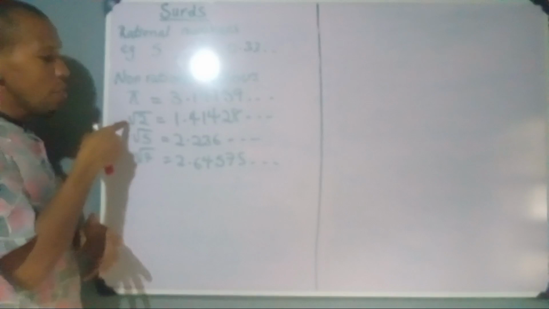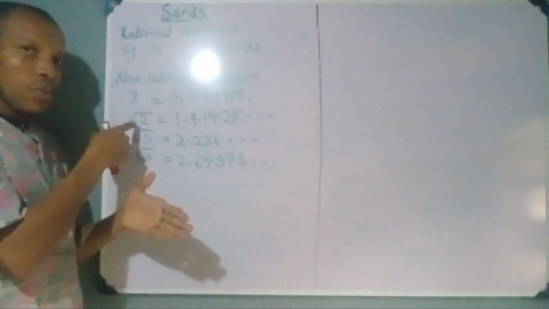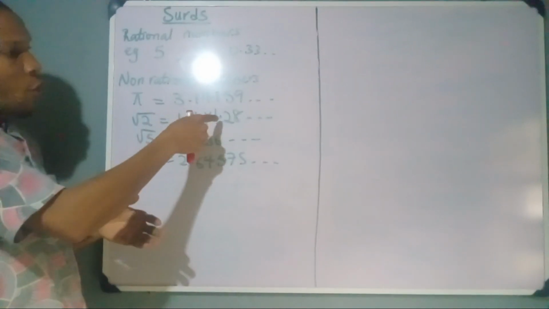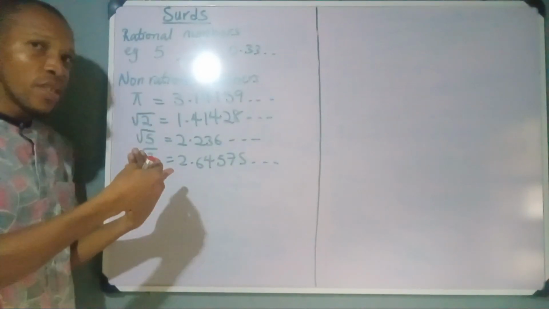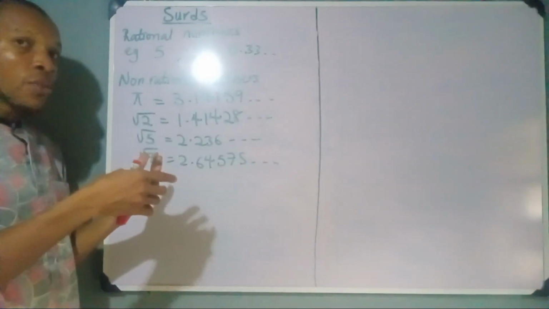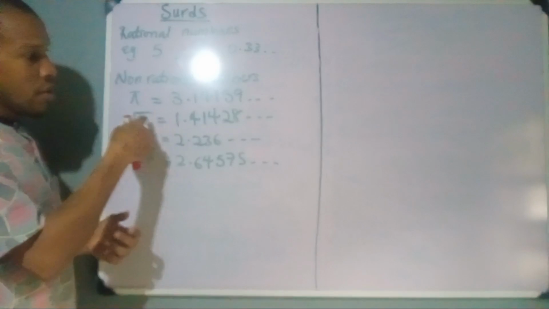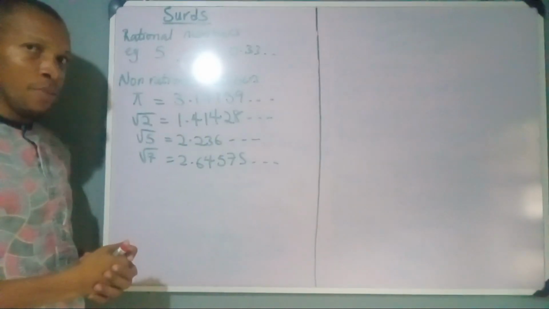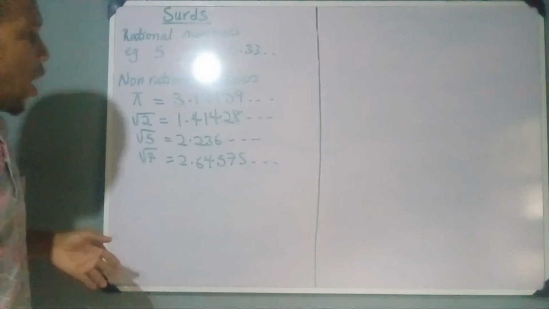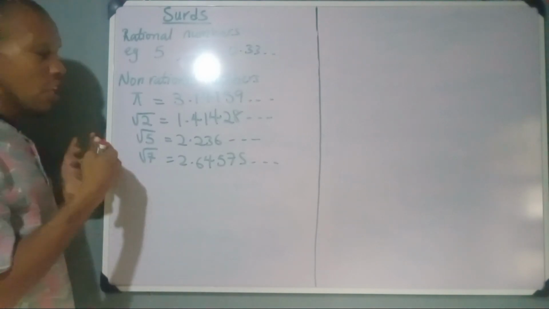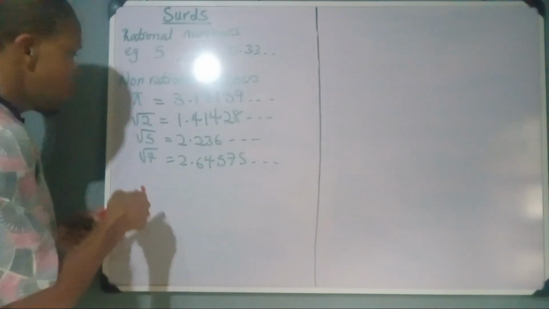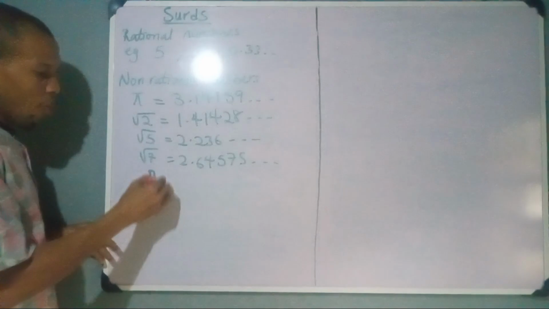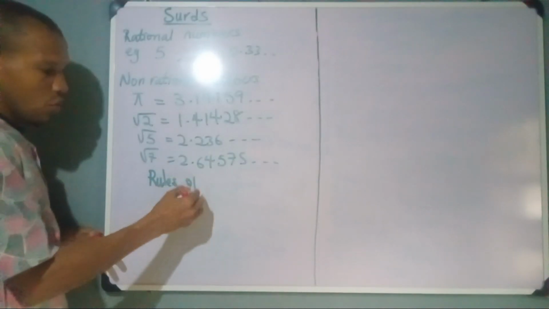If I'm solving a problem using root 2 instead of 1.414, I'm very likely to get a more accurate answer than when I use 1.414. Now, if we're going to carry out calculations involving surds, then we need to know the rules of operations using surds. Rules of surds.